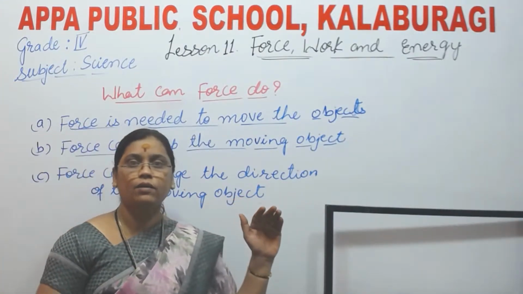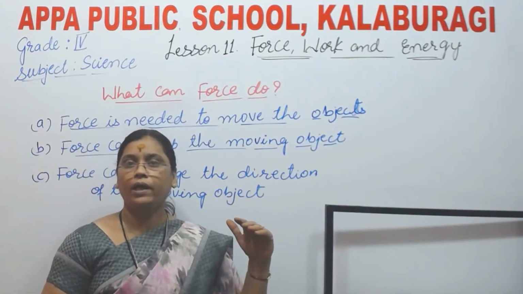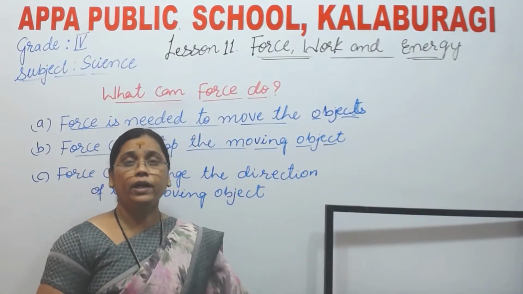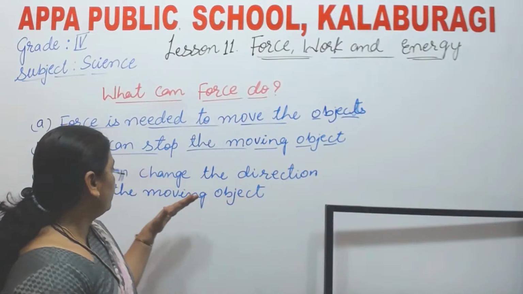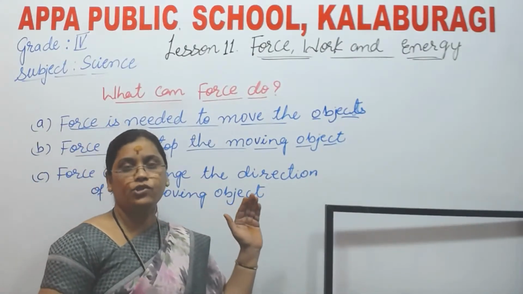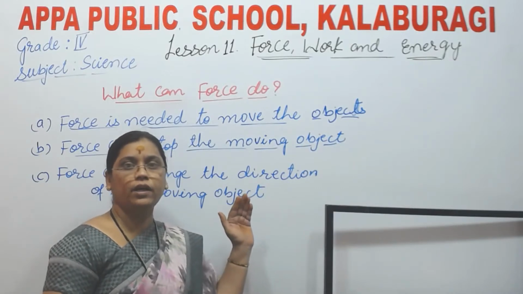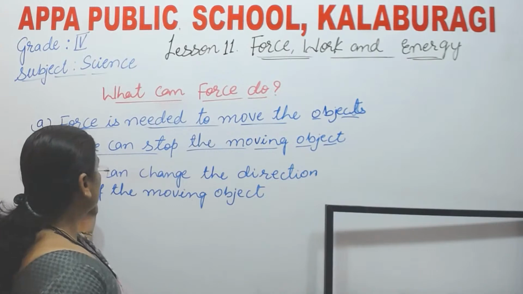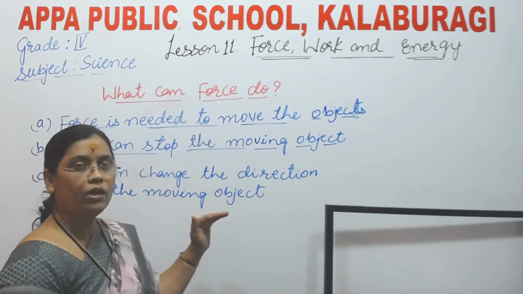The ball is the object, and you are applying the force to hit the ball. So by this we can say that force can change the direction of the moving object.